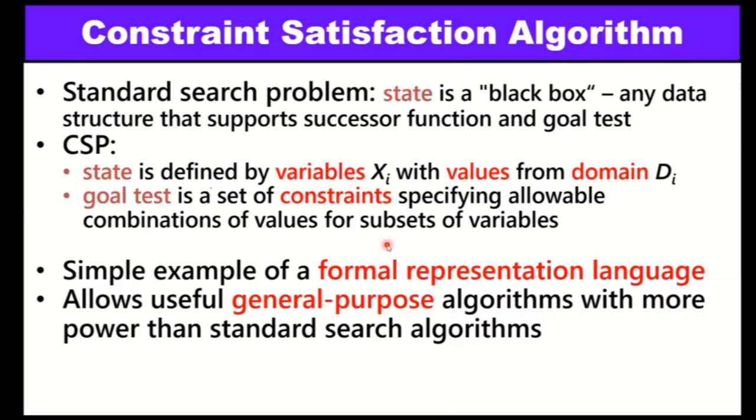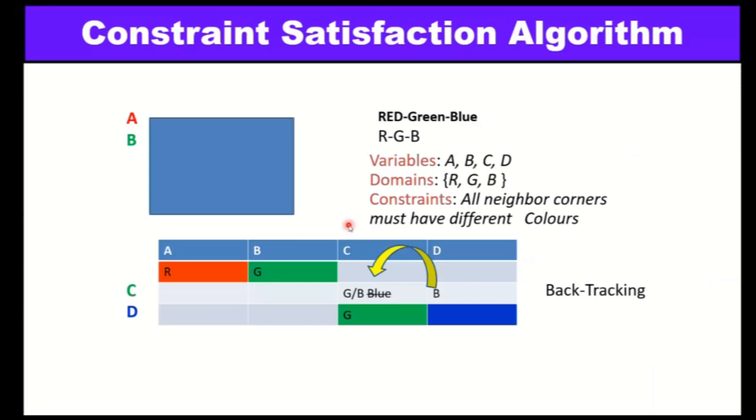Now the goal test is the set of conditions or constraints, or allowable combinations of values that can be applied, and every time we check whether the goal is achieved or not. This algorithm is greatly used for many problems like map finding, coloring maps, or finding particular conditions for robotic movements.